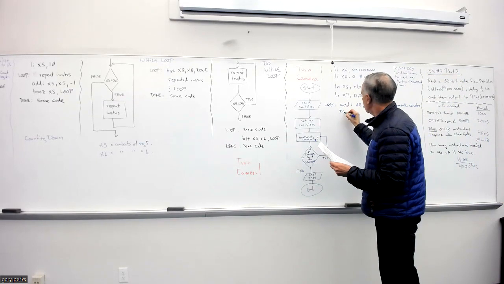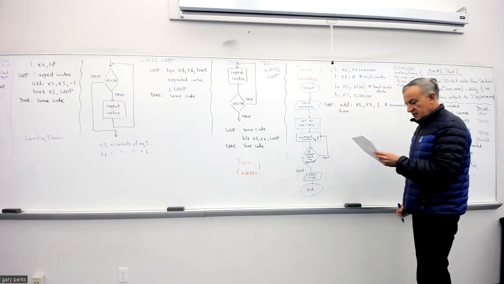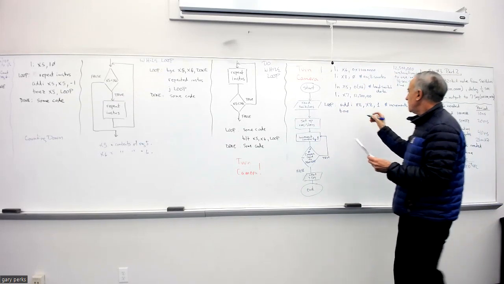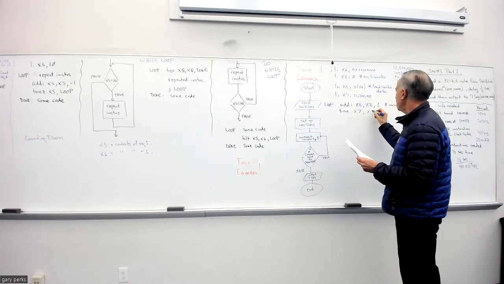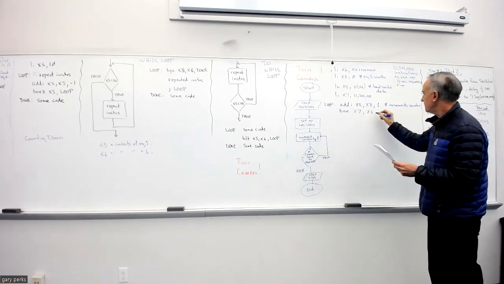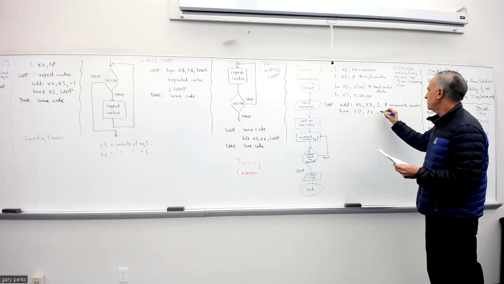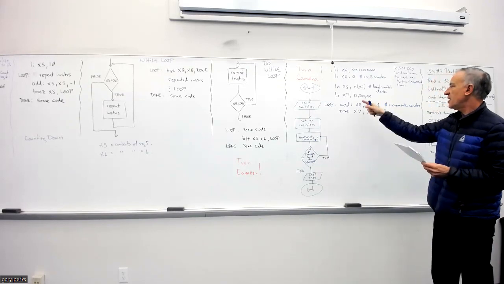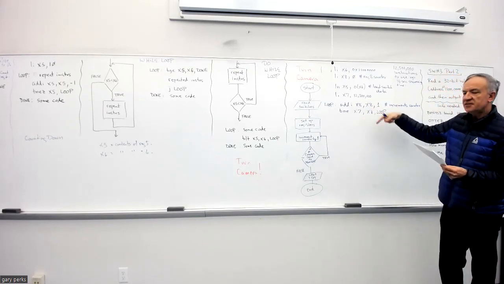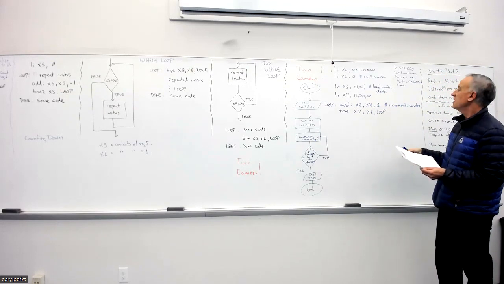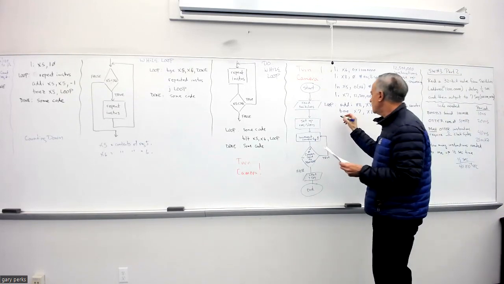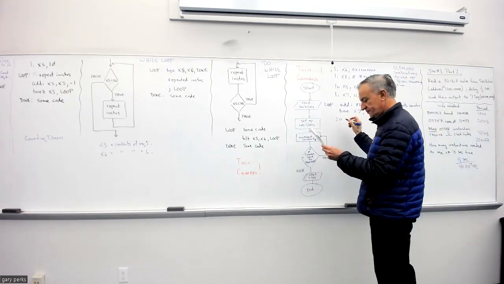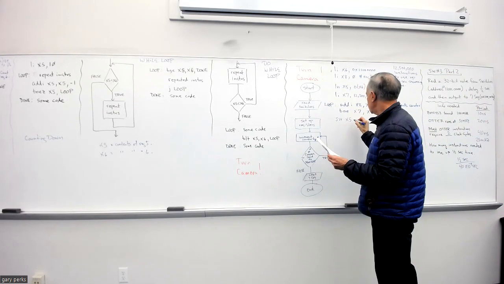Then I use a branch not equal to, and I compare the max count to what the counter is at. If it's not equal, I want to loop, I want to go back, and I just keep doing these instructions over and over again until I reach this time delay. Once I reach the time delay, I'm out of the loop, and that's when I write the switch data to the 7 seg.